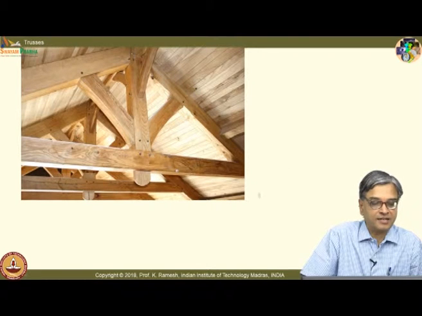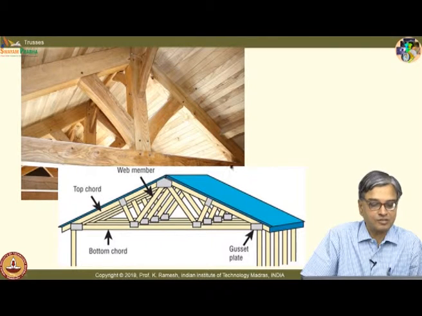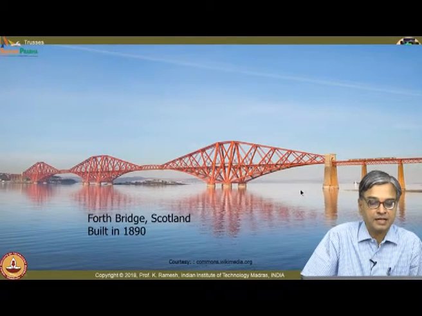You had trusses made by carpenters, and a truss looks like this. They also call the joining of these members using a gusset plate. And this is one of the oldest truss bridges that I could access. This was built in 1890.